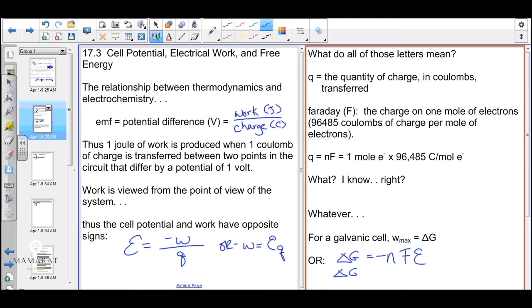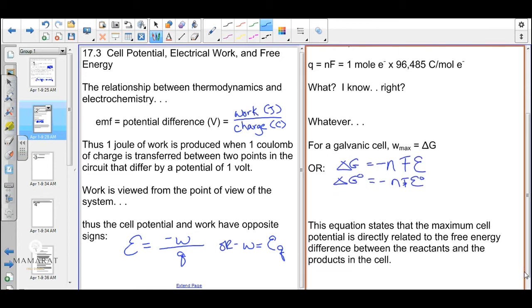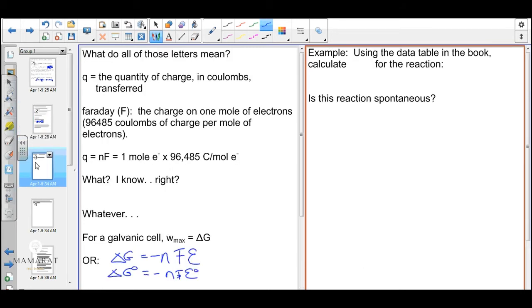Or the standard free energy, remember that little 0 means standard, is equal to negative n times a Faraday times the standard electrical potential. So this equation states that the maximum cell potential is directly related to the free energy difference between the reactants and the products in a cell.